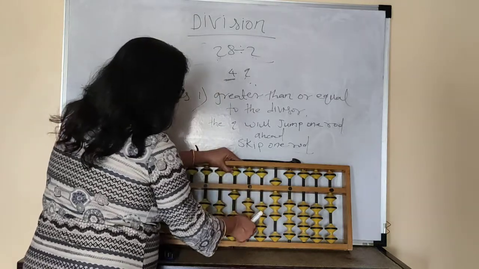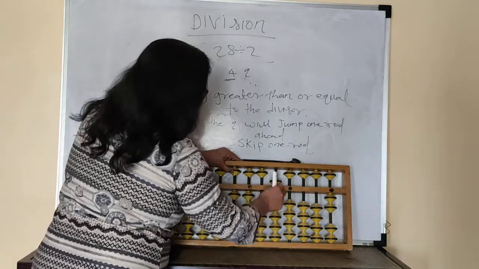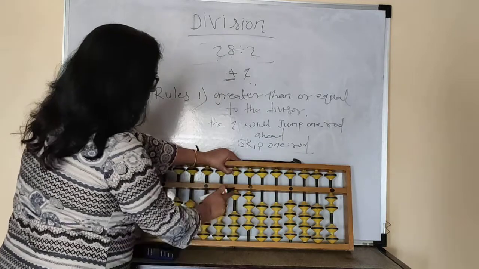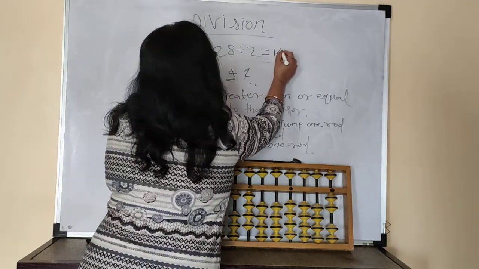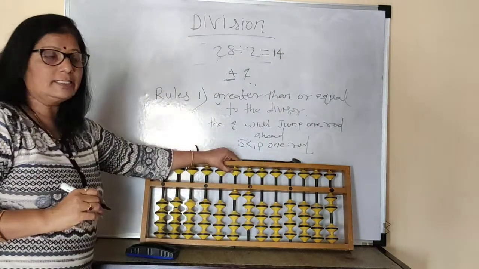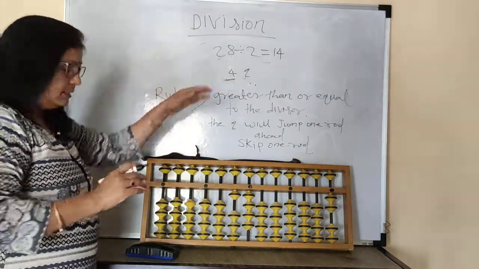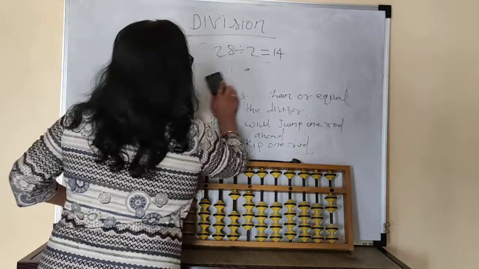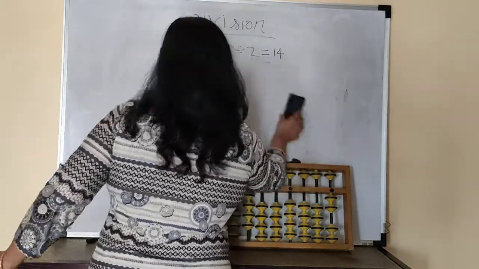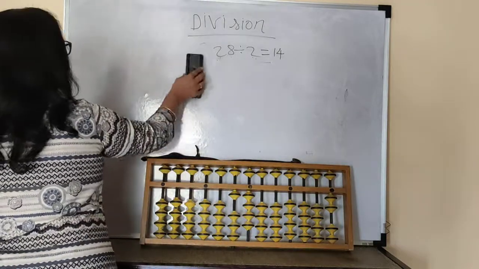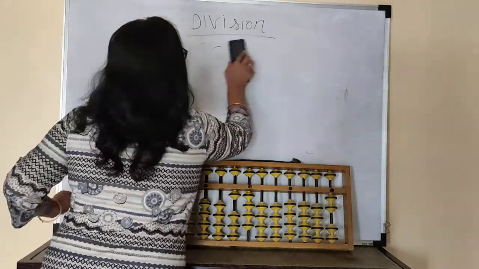So this is quotient 4 and I have to subtract 8. What is the answer? 14. 28 divided by 2 is 14. Is it correct? Yes. This is our first rule, greater than or equal to the divisor.